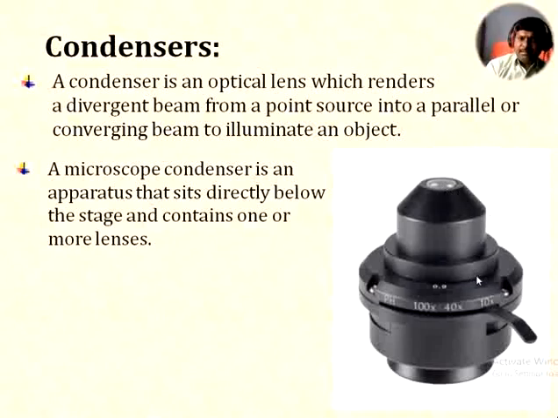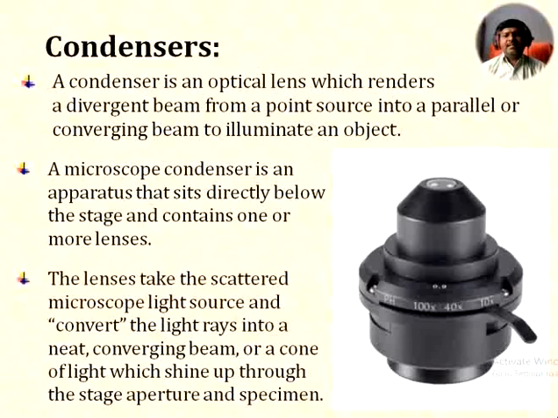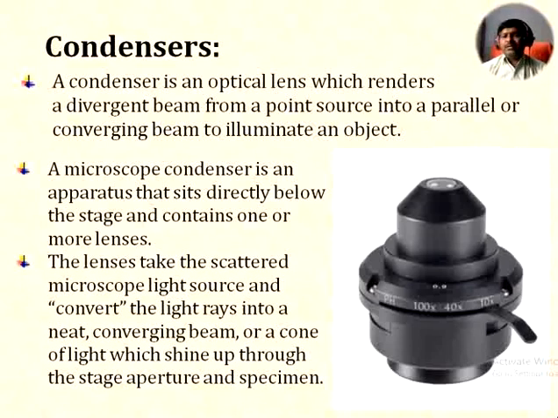Inside the condenser again there are lenses, and there is a light control device present here. Is it okay? So the lenses take the scattered microscope light source and convert the light rays into a neat converging beam or a cone of light which shines up through the stage, aperture and specimen.